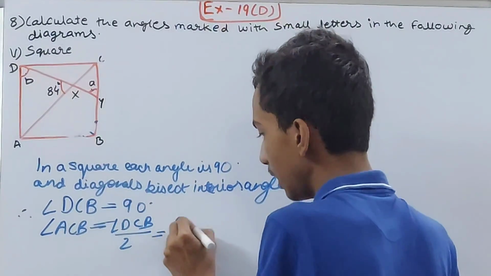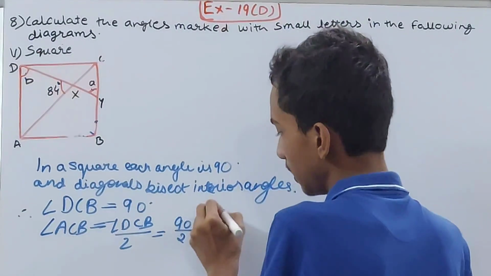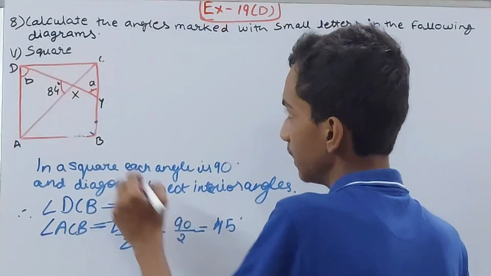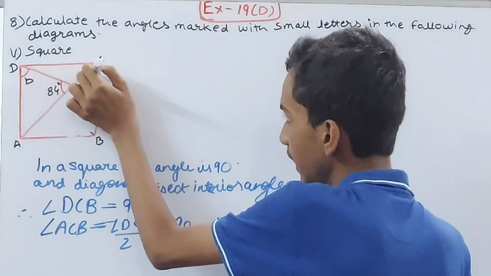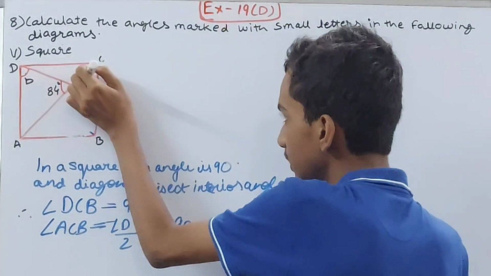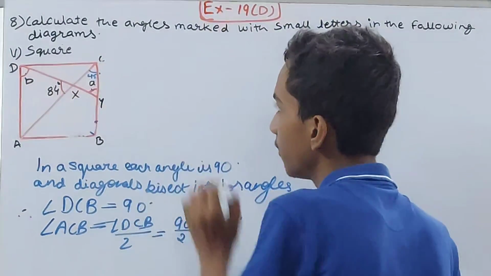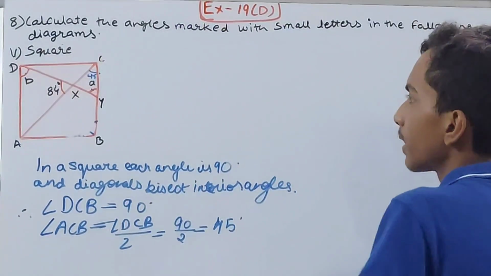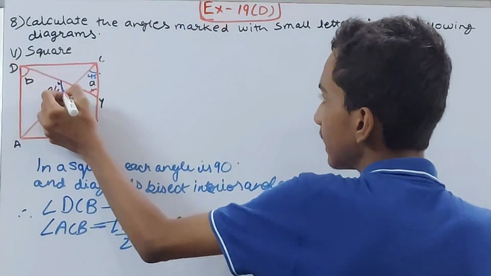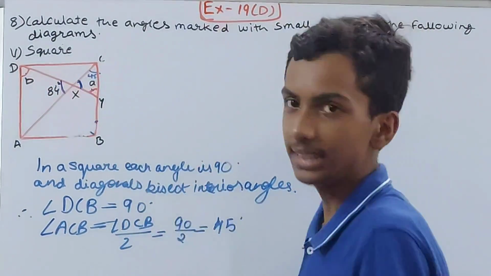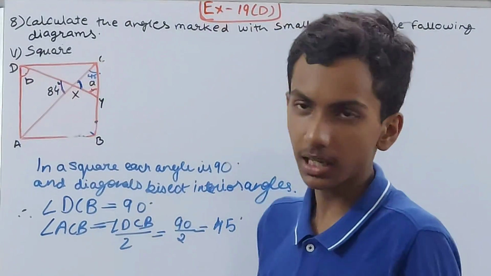That means half of 90, that is 45 degrees. Now look, this is angle 84. What will be the measure of this angle on the other side? Same, because it is vertically opposite.